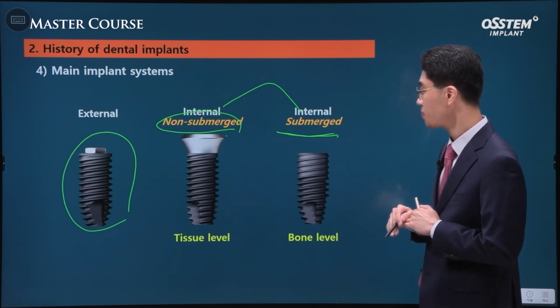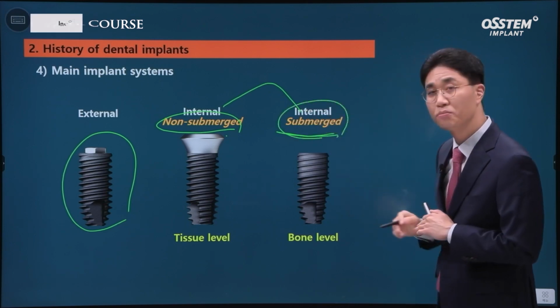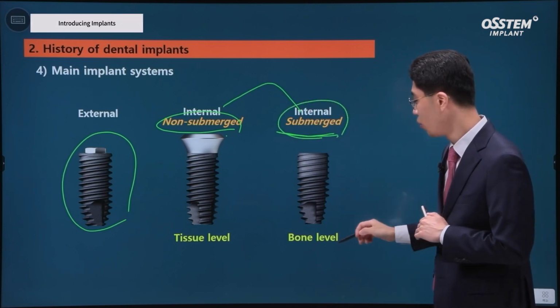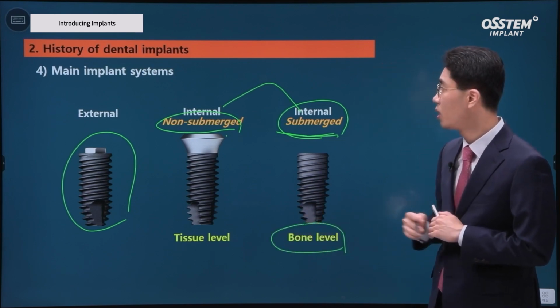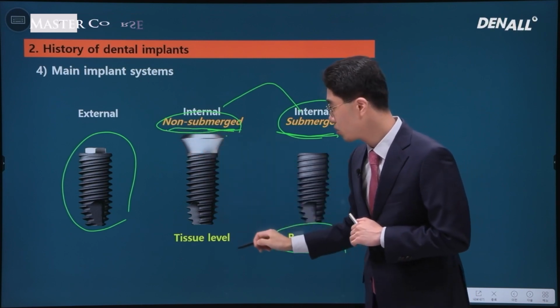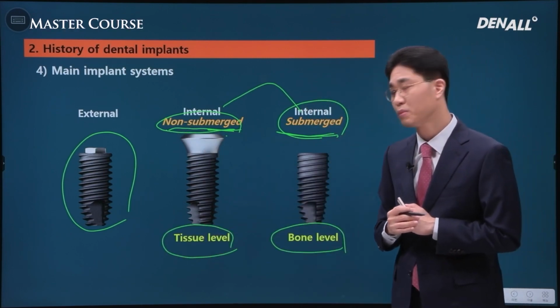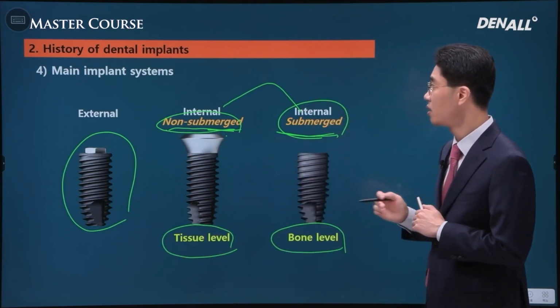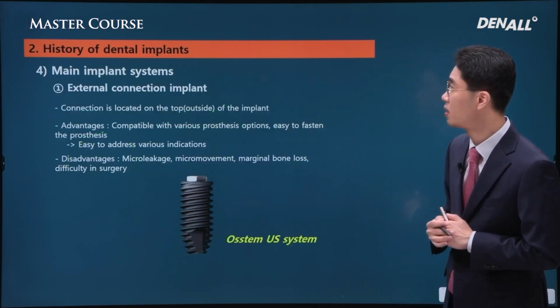This is a submerged type implant. We refer to internal submerged type implant as bone level implant, and non-submerged internal implant as tissue level implant. You need to be aware of these basic terms.